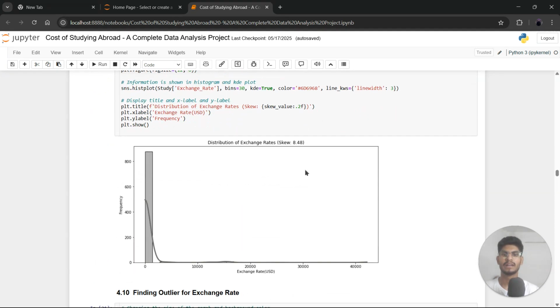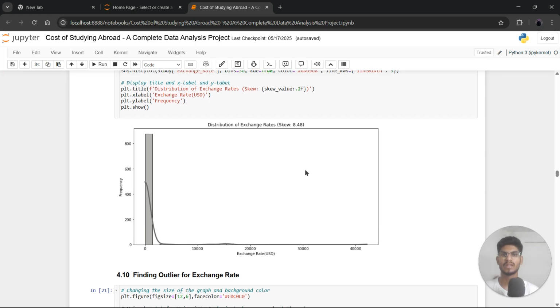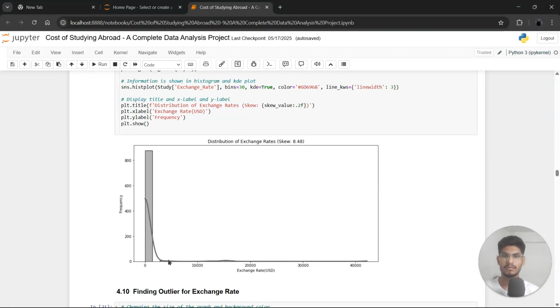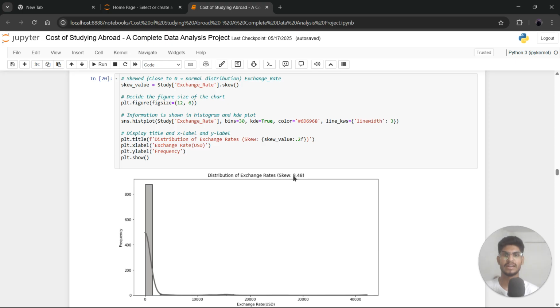That's how it will help us get to know about the data. Now we are using study.skew, because we use the skew function to know about the distribution, since the other values are so small. It is the distribution of exchange rate.